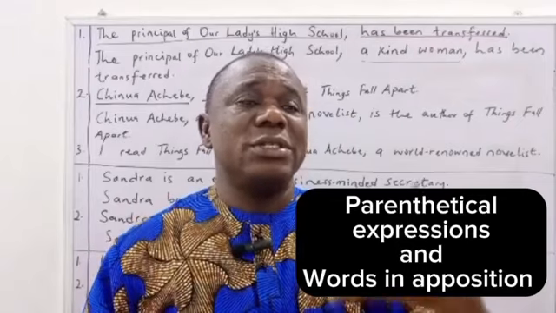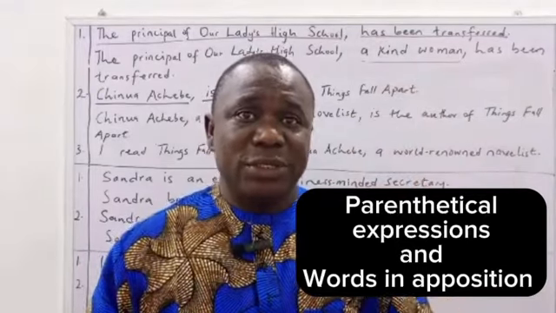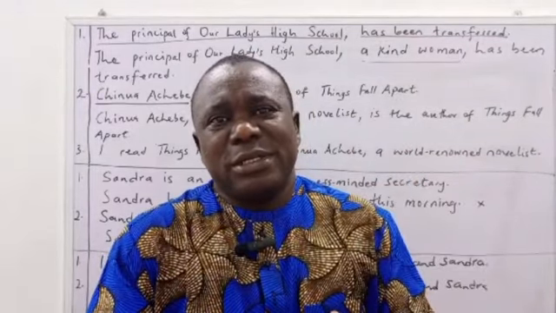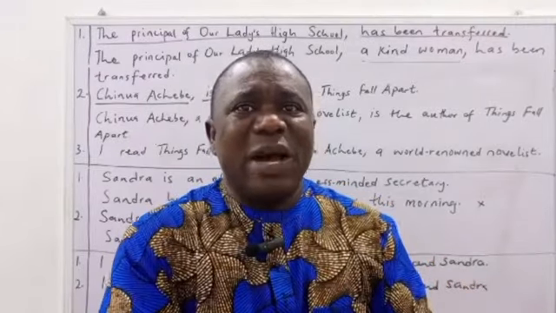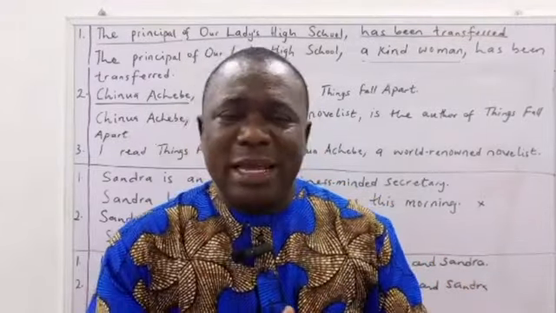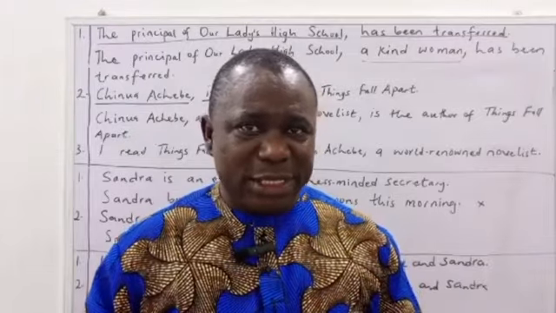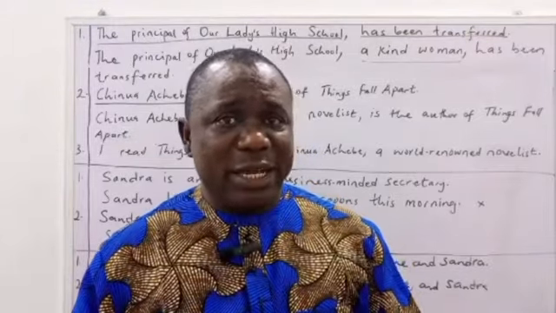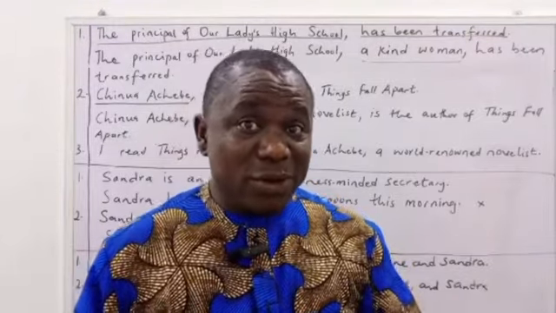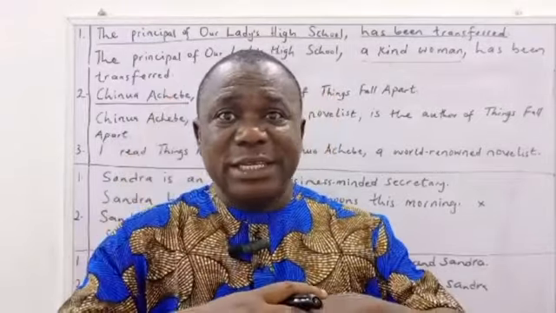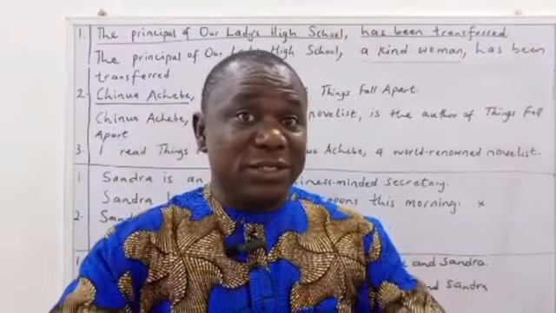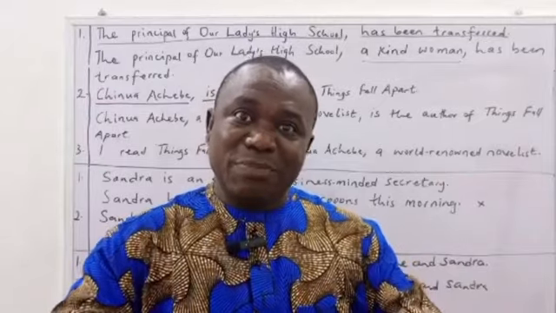Parenthetical expressions and words in apposition are words that are just given for more information, for added idea. They are not really important to the sentence. We can say they are non-essential. They are non-restrictive. If you remove them from the sentence, the sentence is okay. The sentence is meaningful.